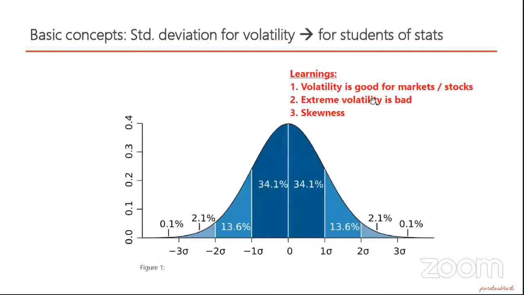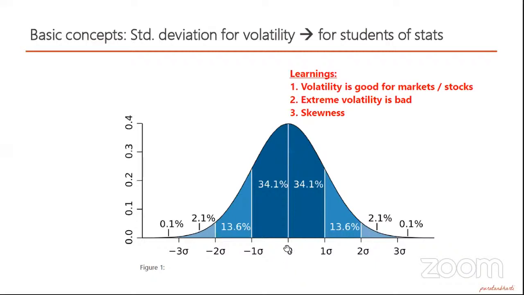So Swati ma'am, at the opening of the session, did mention volatility. What is volatility for a common man or for a student of statistics? It is nothing but a standard deviation. So let me give you a very common example. If you go and buy potatoes in the market, and the potato sells for, say, 50 rupees one day, 40 rupees the other day, then 20 rupees one day and 10 rupees another day, and the average price, let us assume, is 25 rupees.